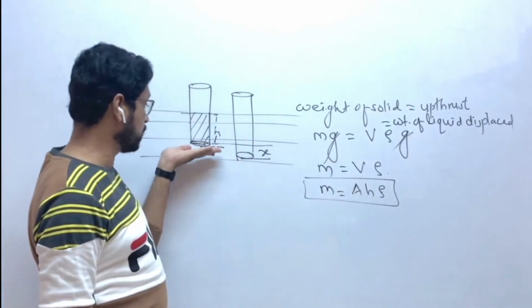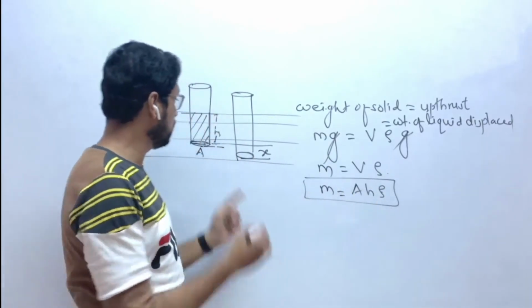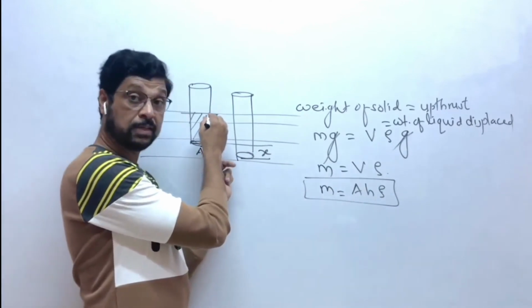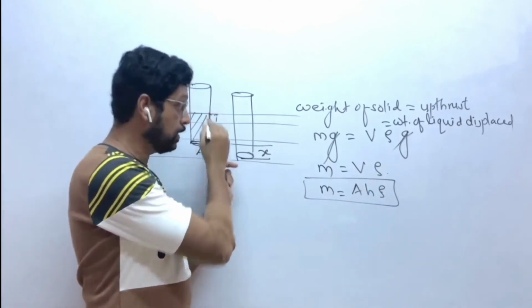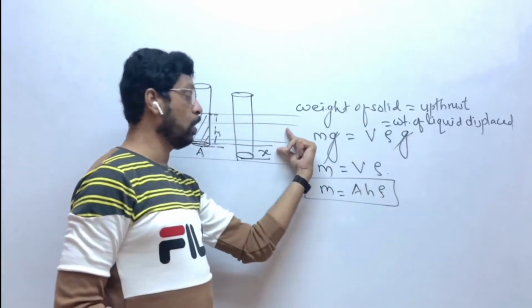A is the area of cross section of the cylinder, H is the height of the cylinder which is inside the liquid, and rho is the density of this liquid.